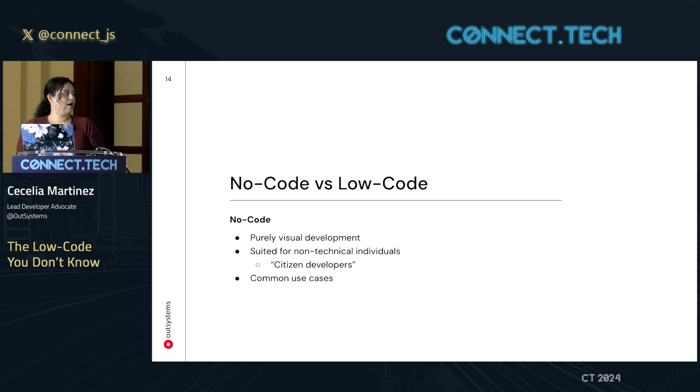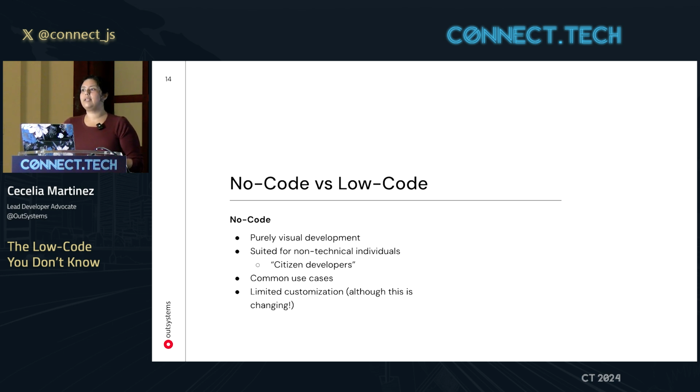It's good for common use cases, and it has limited customization. This is starting to change. We are seeing some no-code platforms that have more customization options, which is great. One example is Bubble, a no-code platform that allows you to change up a lot of the templates in the UIs so they don't have that cookie-cutter feel. But typically, you're not going to have as many options with no code as you would with low code.